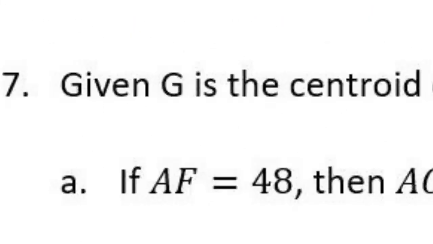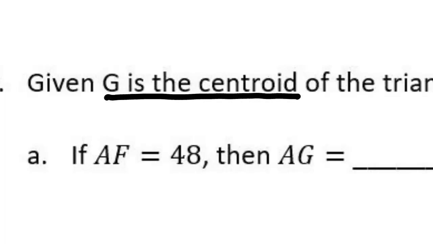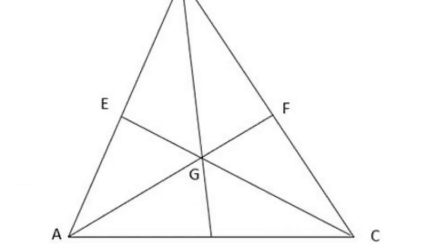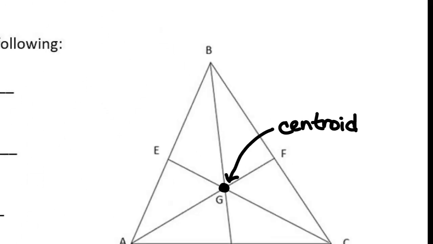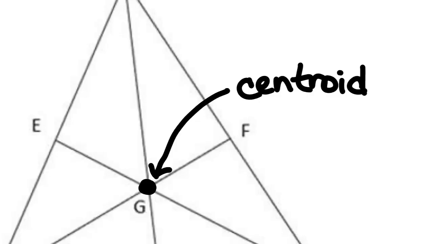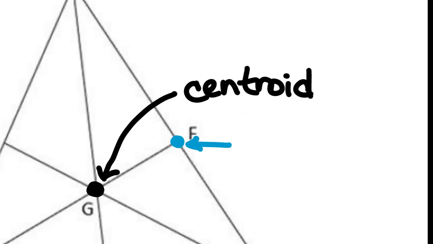It says that G is the centroid. So let's put a little dot at G. Draw an arrow to it, label it as the centroid. If G is the centroid, what's the special name for point F? Midpoint.